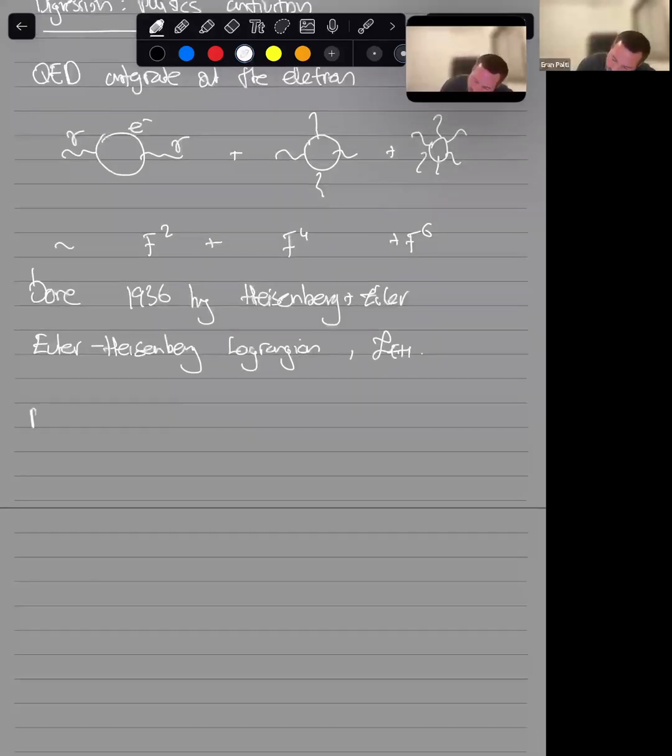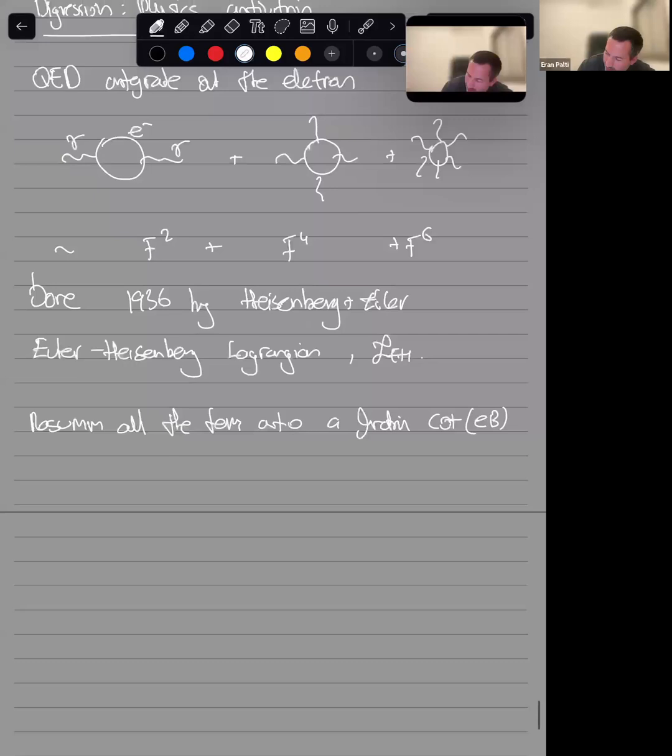So you can resum all the terms into a function. I think it's something like cot, or coth. This is all, by the way, in the book by Schwartz. You can look it up if you want to.